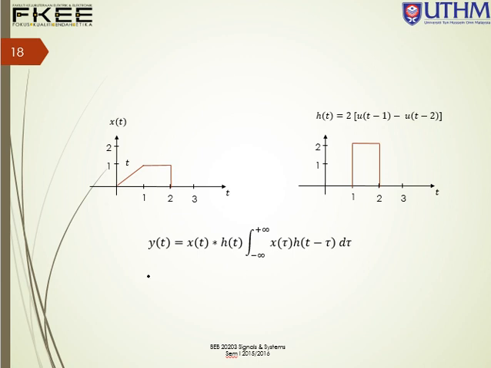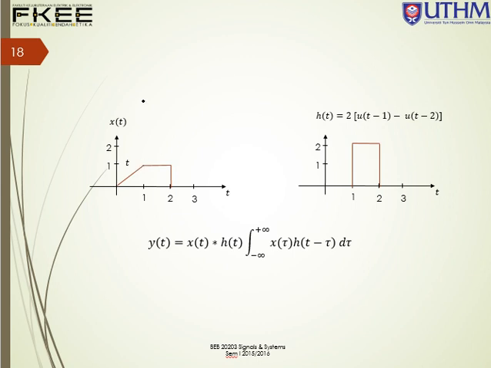After that, you need to compare which of these two signals is more complex, because we need to determine which one will be the static signal and which one will be the moving signal. If you compare these two signals, we know already that x(t) is much more complex compared to h(t), since we have this graph t.